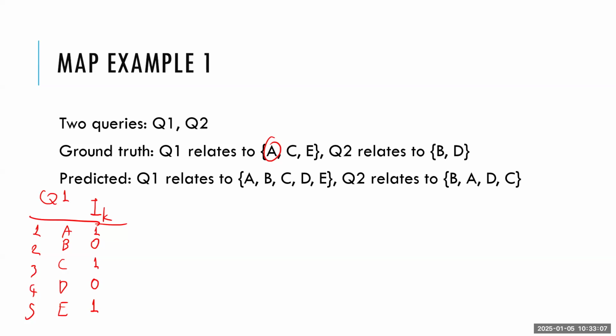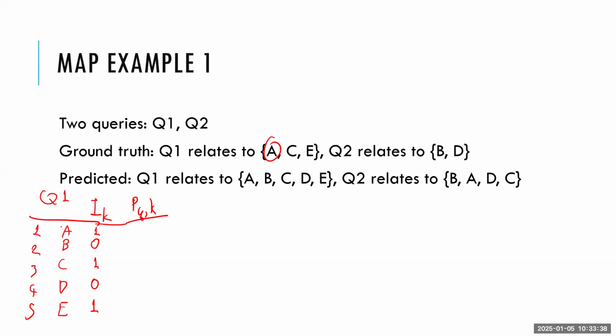You give me the ranking, I just look at the ground truth and mark 1 where the document is related in the ground truth. And I compute the precision P(Q,K).